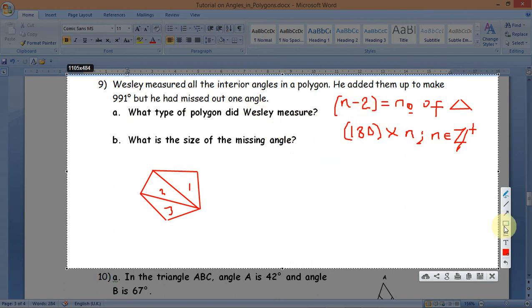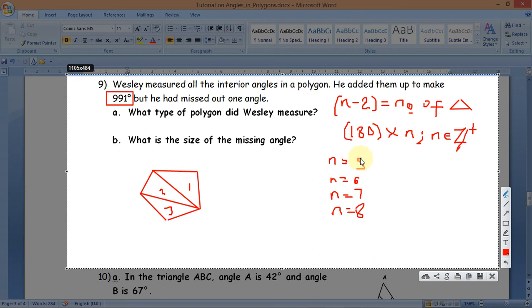Now this one is 991. Let's take a look at this. I can't start with n equals 1 because that is going to waste my time. So let me start with n equals 5, n equals 6, n equals 7, n equals 8, and so on. When n equals 5, I'm going to have 5 times 180, which gives me 900.